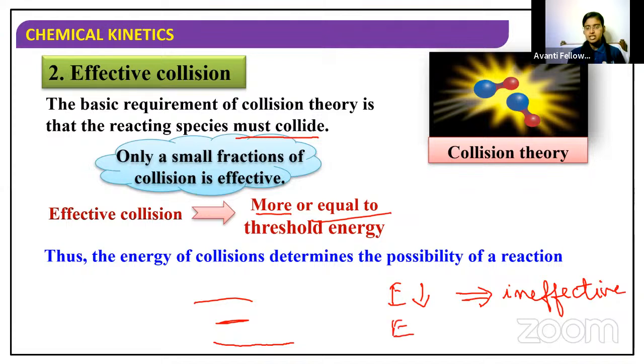If the energy is more than or equal to the threshold energy, then it will lead to an effective collision. This is how the energy determines the possibility of a reaction. Got it?